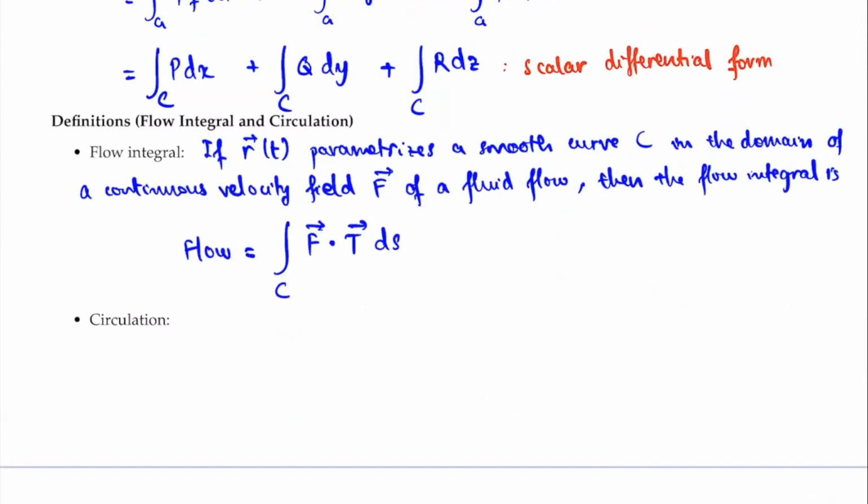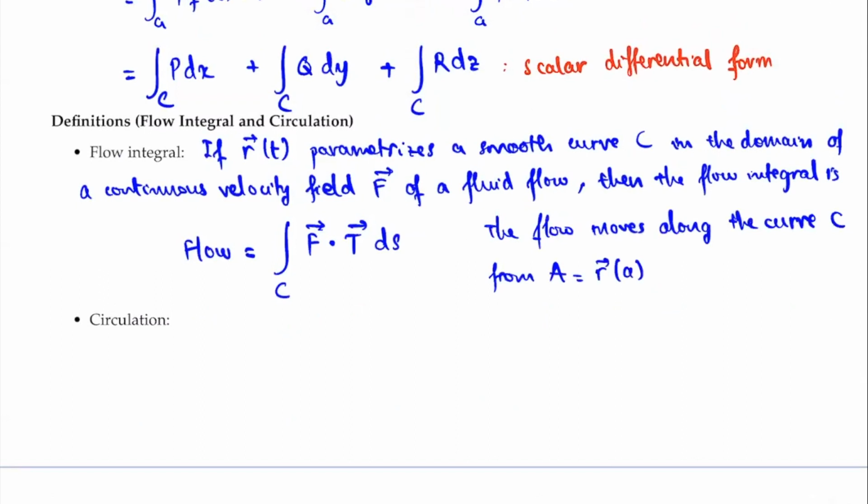So the flow moves along the curve C from the point A equal to r of little a to the point B equal to r of b. So that's the flow integral.